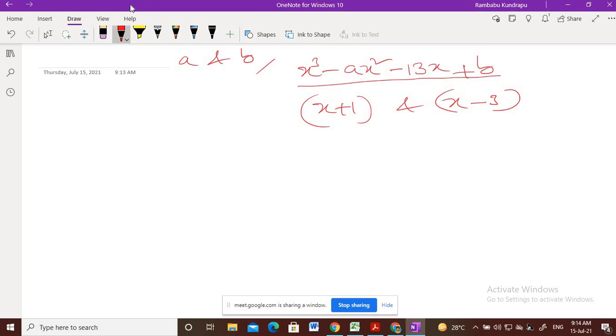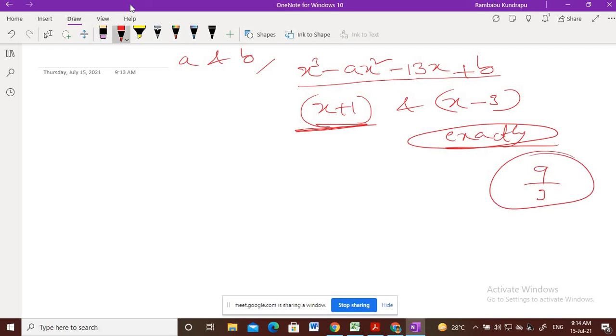You see here, very simple. When this polynomial is dividing with x plus 1, dividing means exactly divisible, students. Exactly divisible, like 9 by 3 is exactly divisible. So when this polynomial is divided with x plus 1, the remainder would be 0.